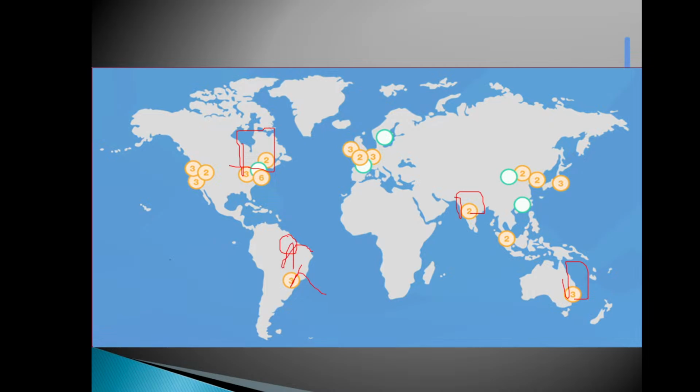If that user is trying to hit this server, it takes 2 seconds. If this user is connecting to this server, it is taking 4 seconds. And if this user is connecting to this server, it is taking 6 seconds.